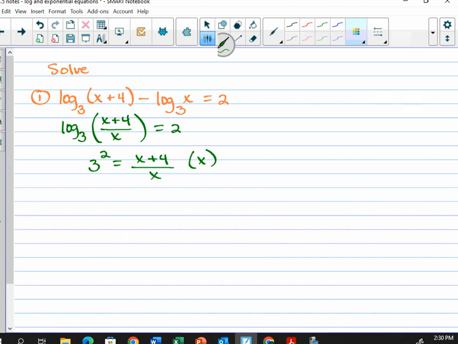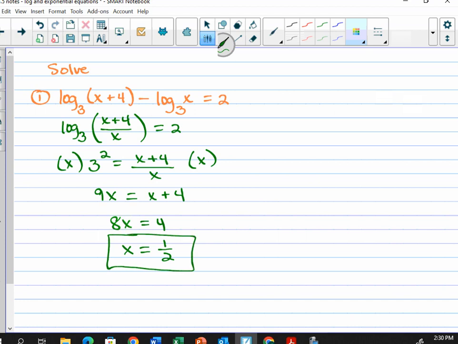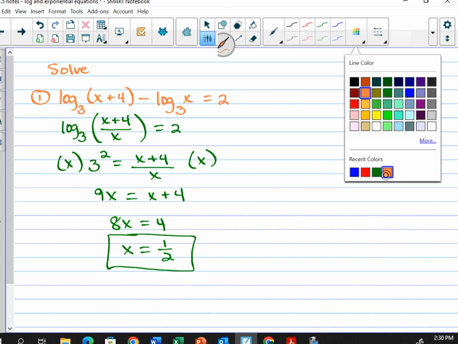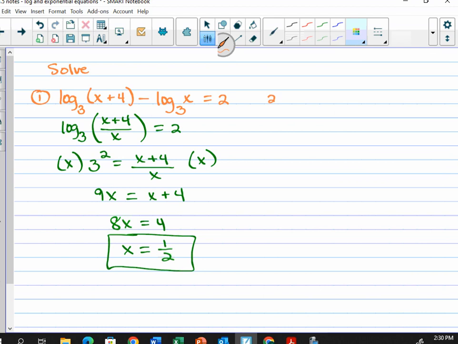Multiply by x. 4 divided by 8 is not 2, it is 1/2. Questions on that one?